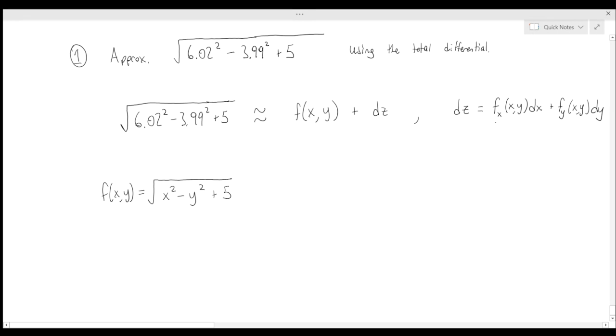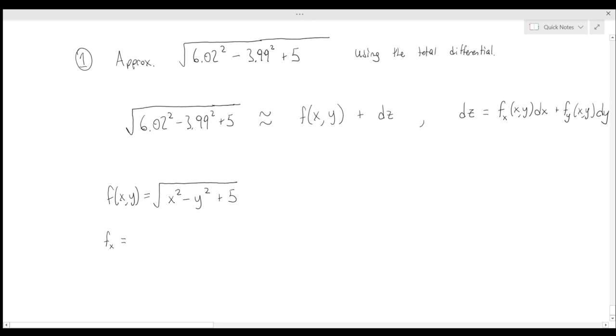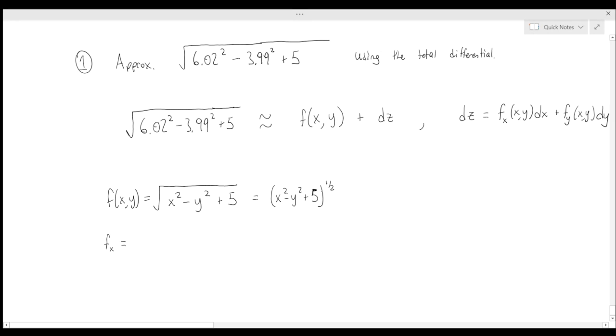Okay, so before that, we are getting the partial derivatives to compute dz, so let me actually do that part first. Okay, so in order to get the partial derivatives, since we have a square root here, it'll be useful to think of it as being raised to a power of 1/2. Okay.